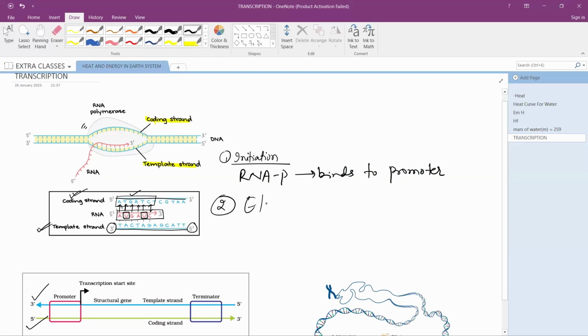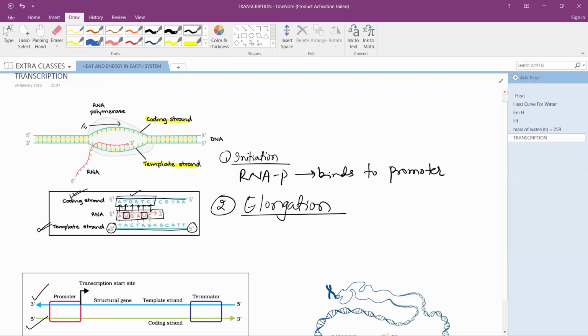So the next step is elongation. In elongation, RNA polymerase synthesizes RNA by adding complementary ribonucleotides to the growing RNA chain. As the RNA polymerase moves along the 3' to 5' end on the template strand, RNA gets polymerized and different types of nucleotides get coded on the mRNA.